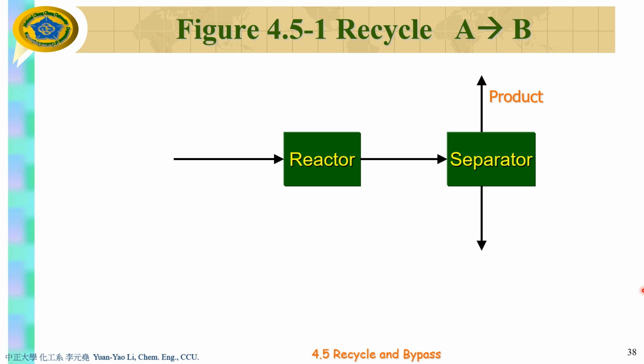So in figure 4.5-1, recycle A and B, for example, there are 200 kilograms of A and 30 kilograms of B from the recycle joint point and recycle stream. The reactor does the conversion.